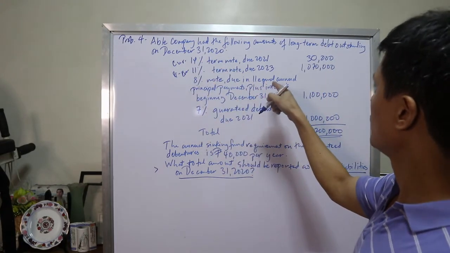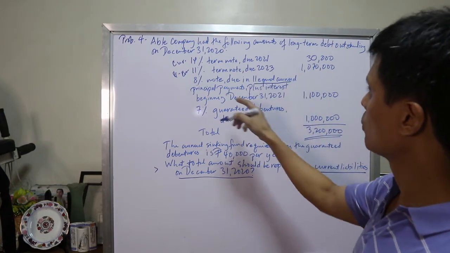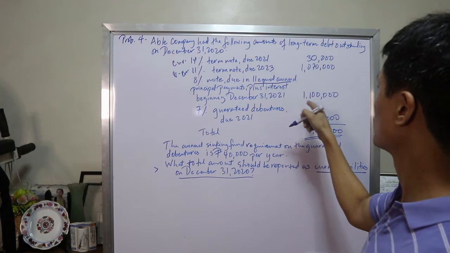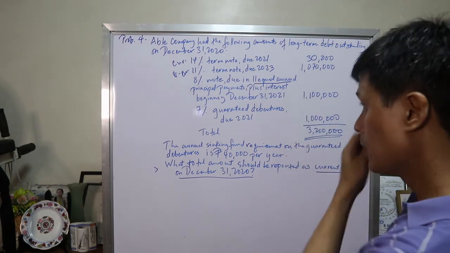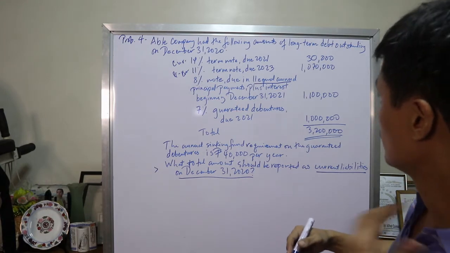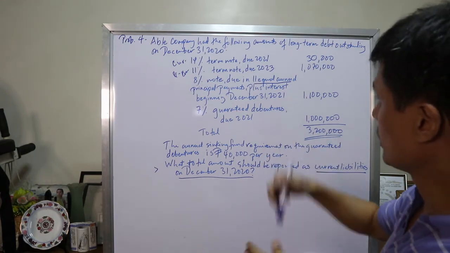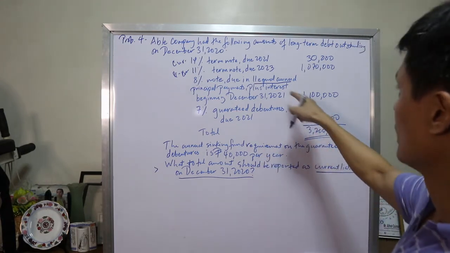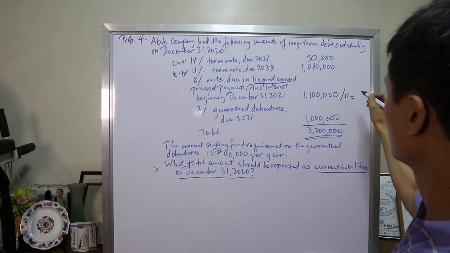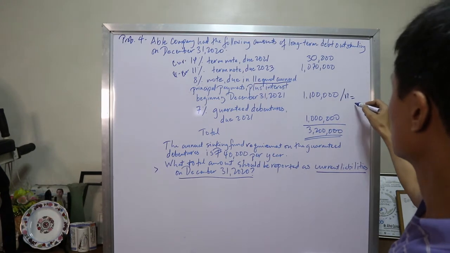8% note due in 11 equal annual principal payments plus interest beginning December 31, 2021. So the one due in 2021, if it is 11 equal payments, this is divided by 11, so you will get 100,000.